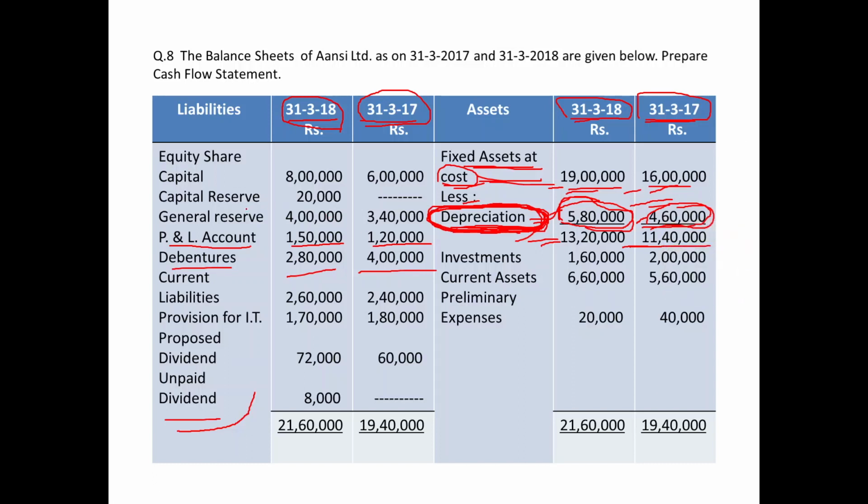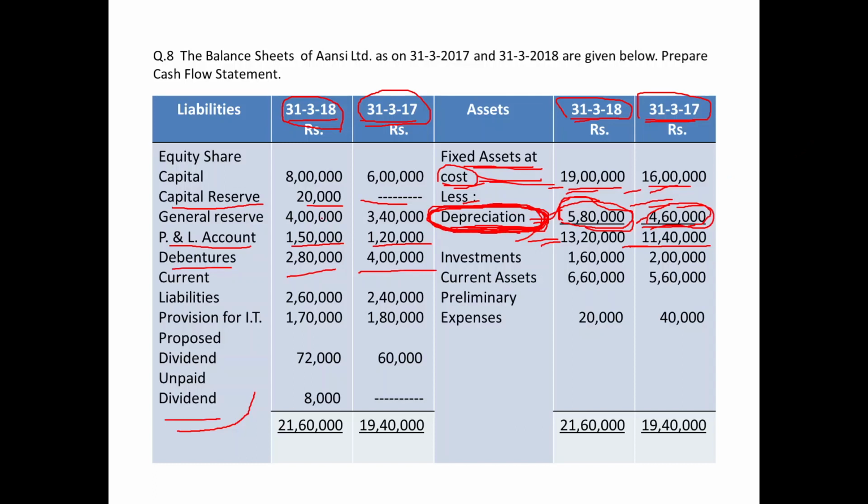How does it look? Come on the liability side, second item, capital reserve, no opening balance, closing balance 20,000. What does it mean? And there are no other transactions given for capital reserve account barring this one, that the profit due to sale of investment was credited to capital reserve account.